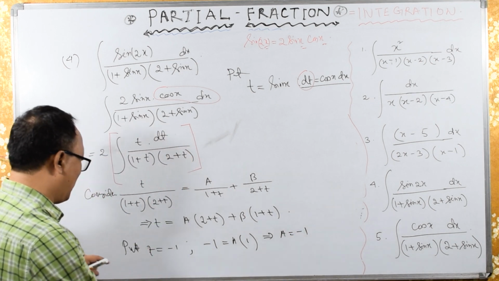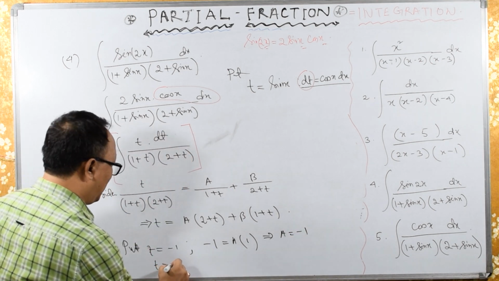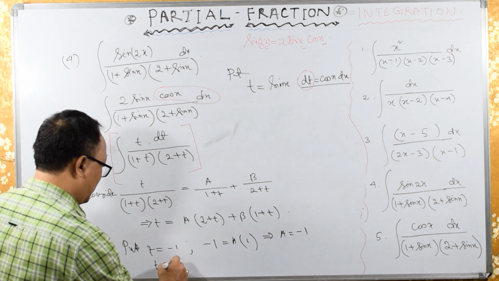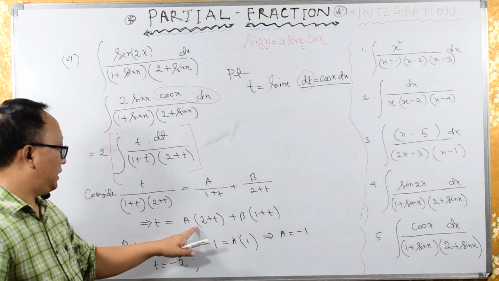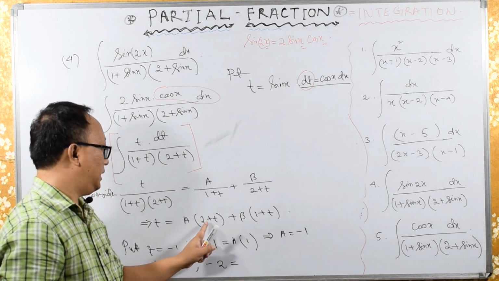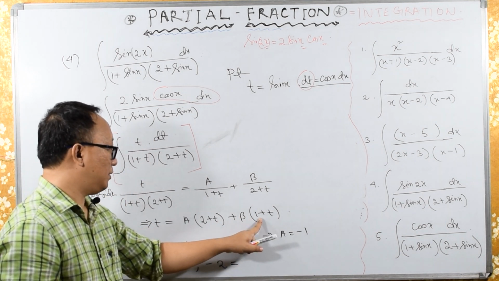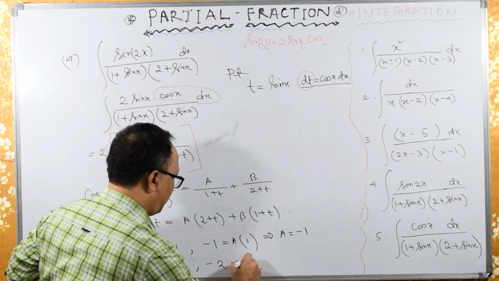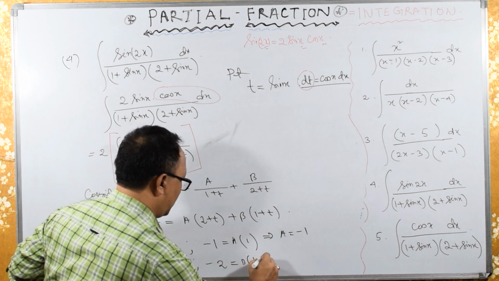Minus 1. Now if I substitute t equals minus 2, here I will have minus 2 equals, this is 0, and here b into 1 minus 2.